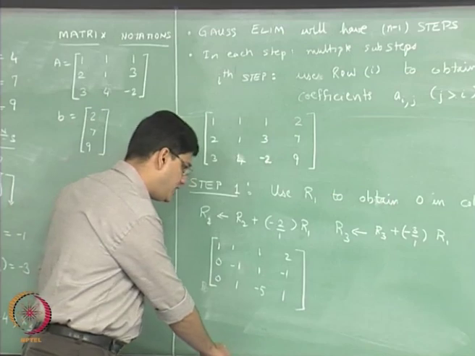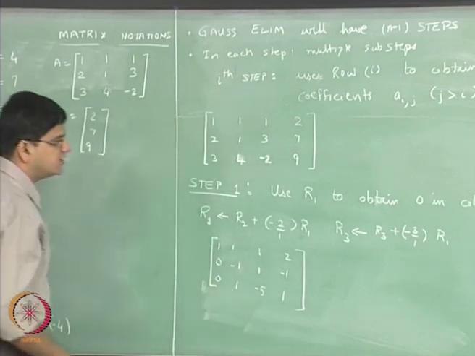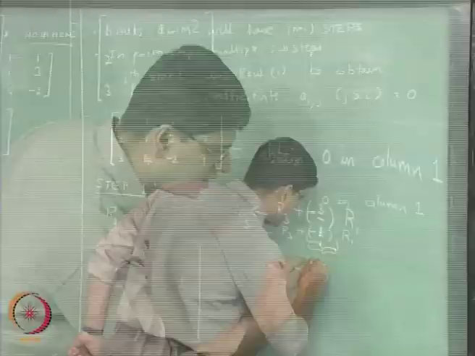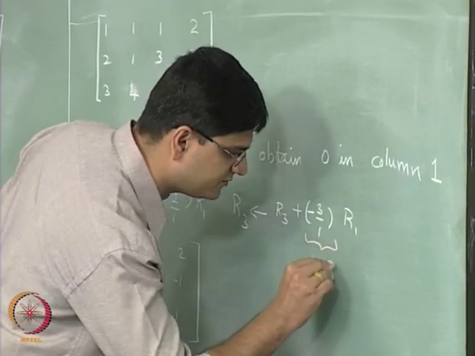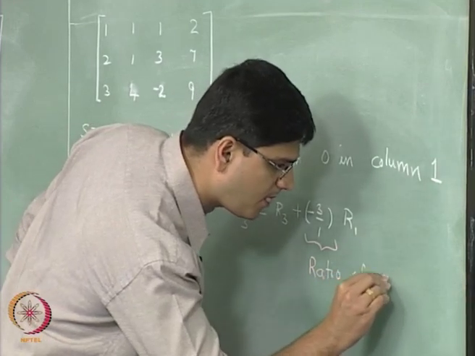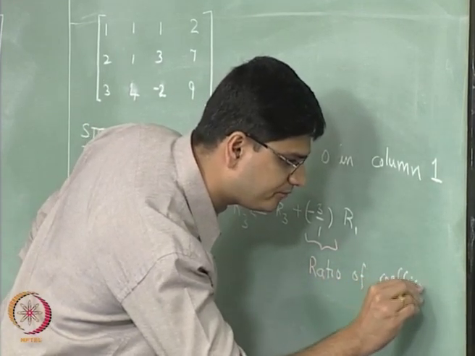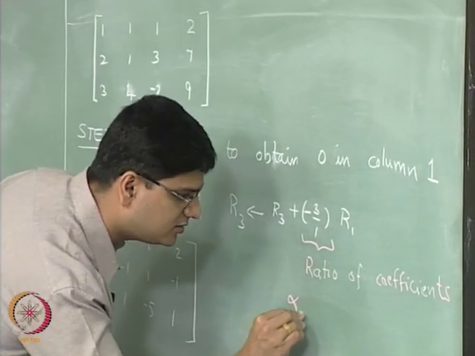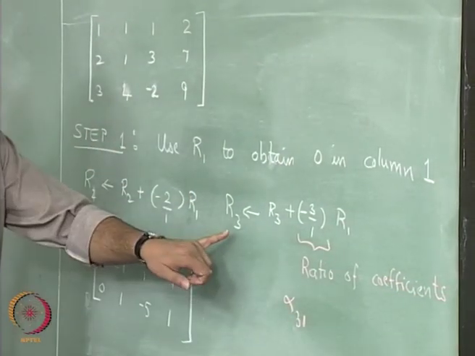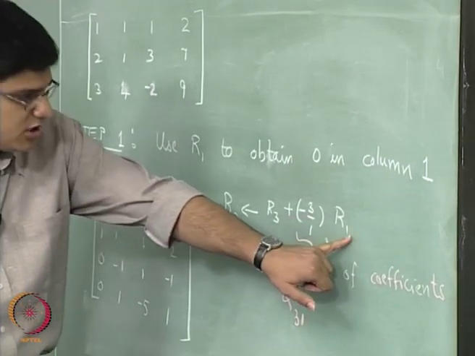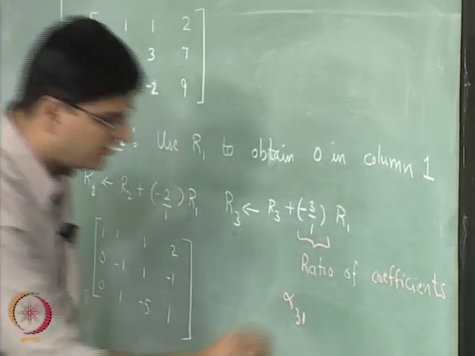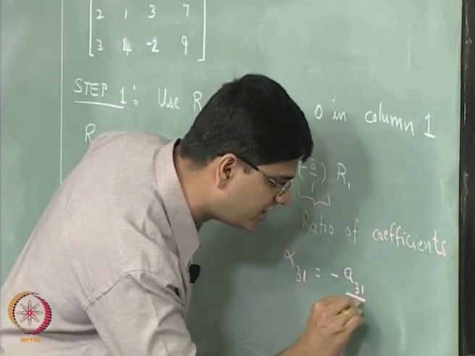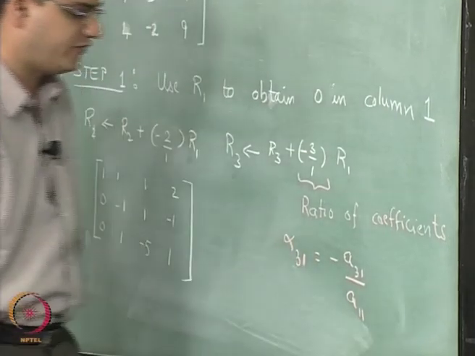Okay. Keep in mind what we have done over here is multiplied this R1 with the ratio of coefficients. So alpha 3 1, because we are changing the row 3 by using row 1, alpha 3 1 is going to be equal to negative a 3 1 divided by a 1 1.